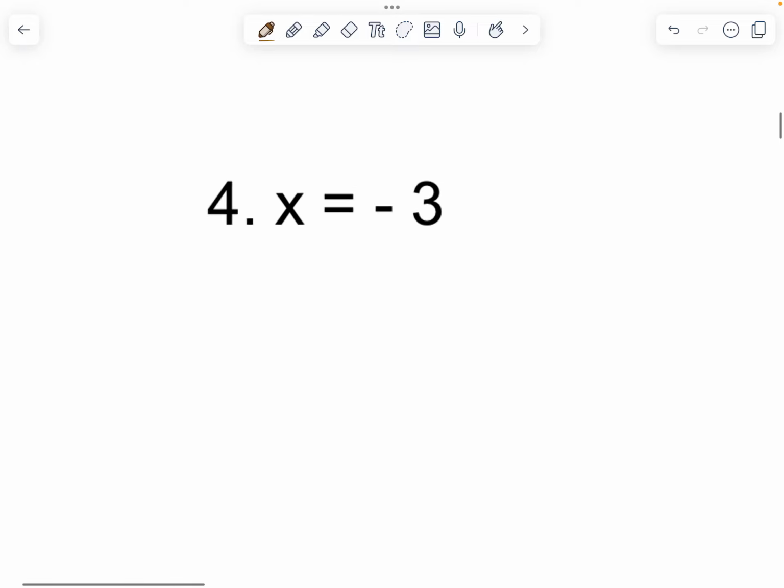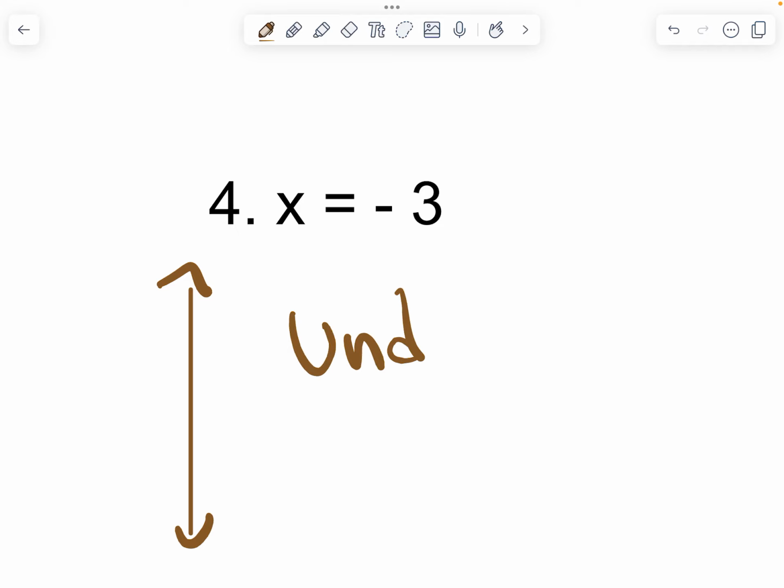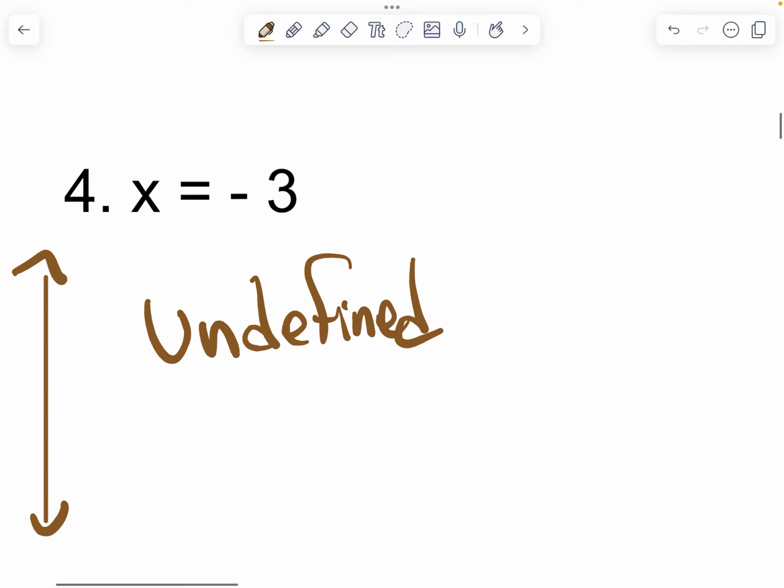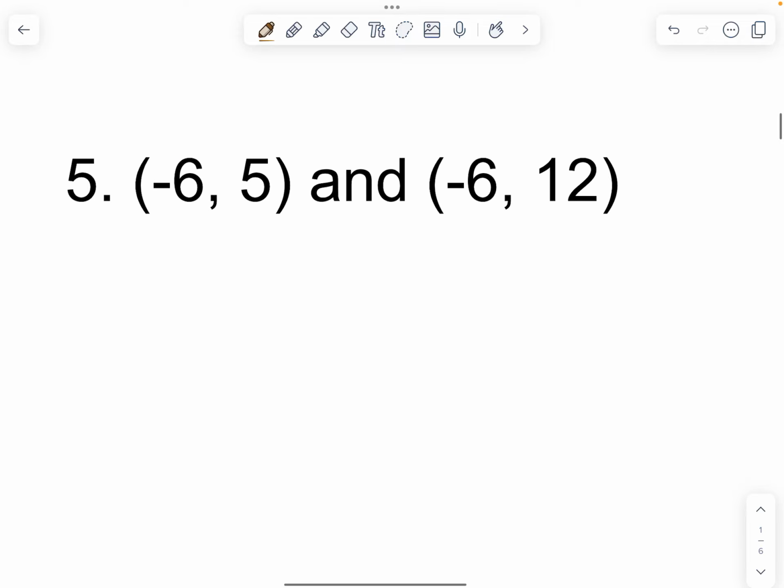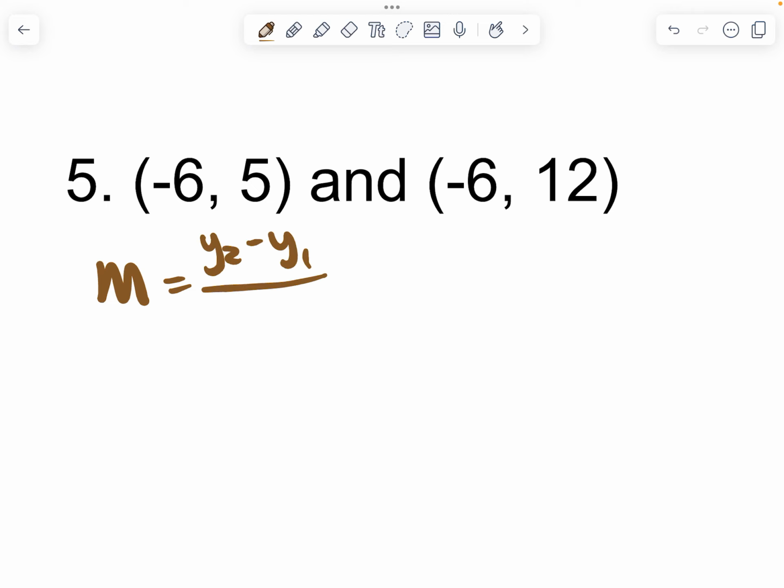Okay, this is a vertical line. That means the slope is undefined. Okay, slope on this one, y2 minus y1 over x2 minus x1, x1, y1, x2, y2.